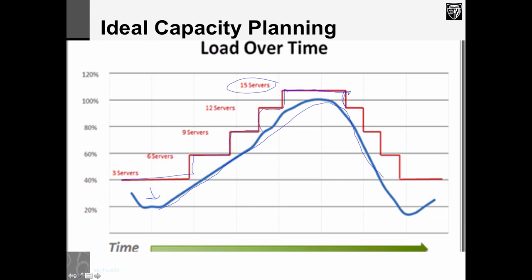We were at 15 here, then we go to 12, and as it keeps going down at the end of the day, we go from 12 to 9, and then from 9 to 6. Finally, let's say this is 9 p.m., we are running with only 3 servers, and from 9 p.m. to 9 a.m. we are just running with the bare minimum capacity of 3 servers. So this is our ideal capacity planning curve.